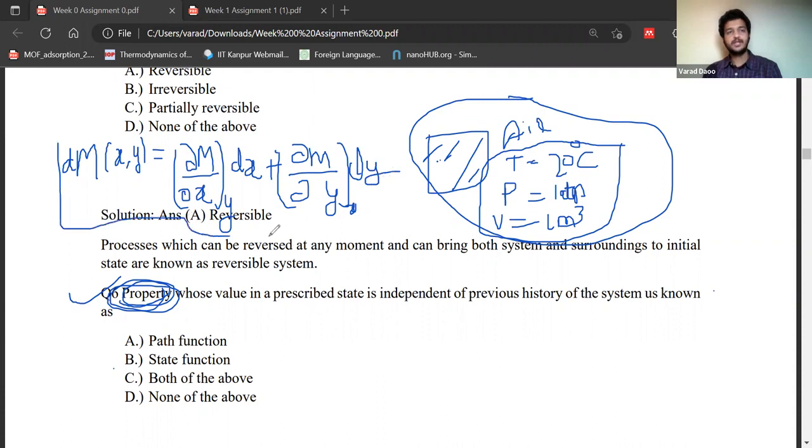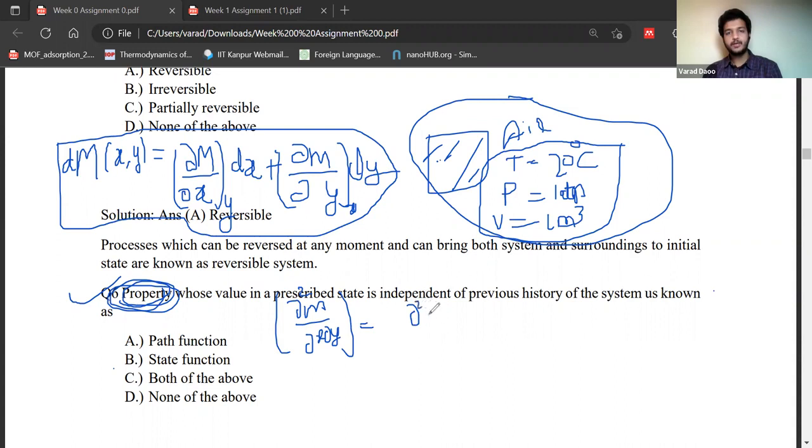Okay, so this is another characteristic of a property. A property is a continuous function. That means the double derivative remains the same. That means del 2M by del x del y should be equal to del 2M by del y del x. So it does not matter how we take it. So this is basically a definition of a property.